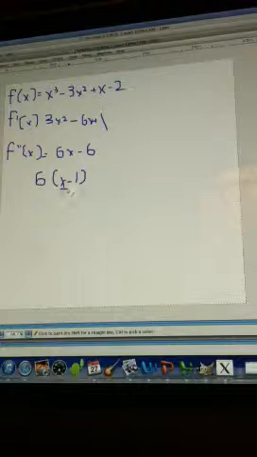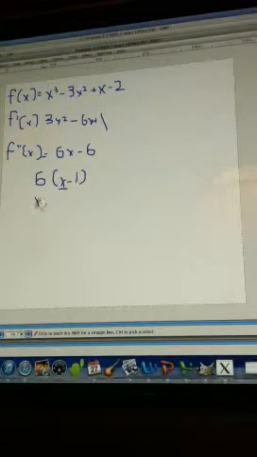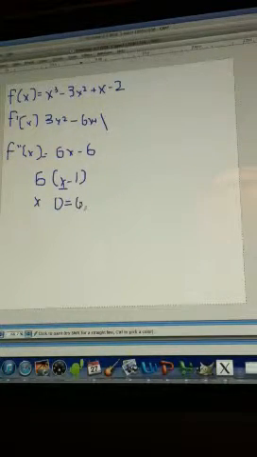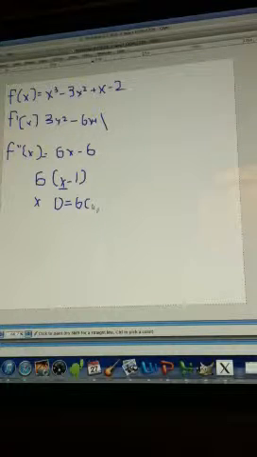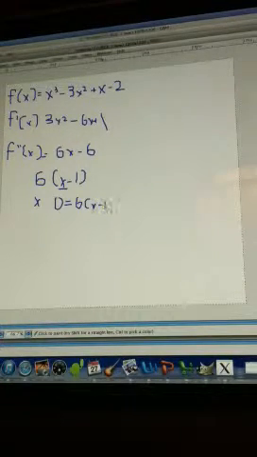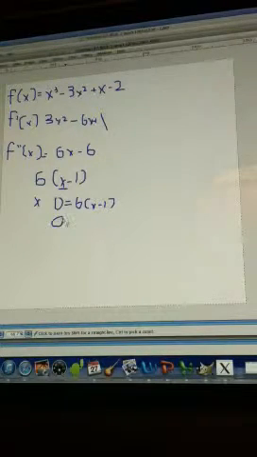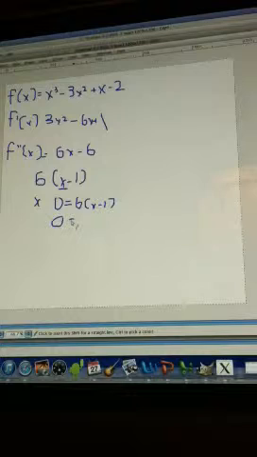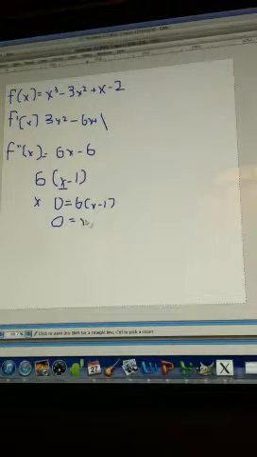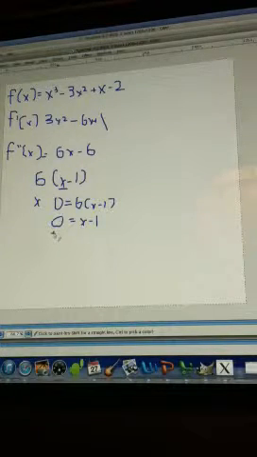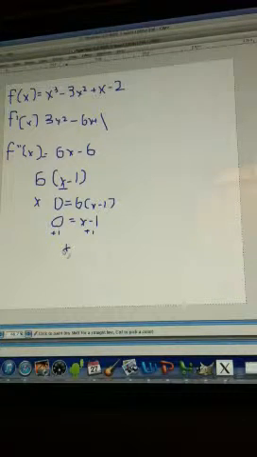If x were 1, and we can find that by setting it equal to 0 and solving for it. If we divide by 6, we still have 0. Add 1 to both sides, and x equals 1.